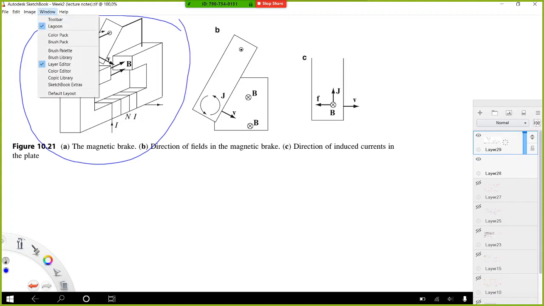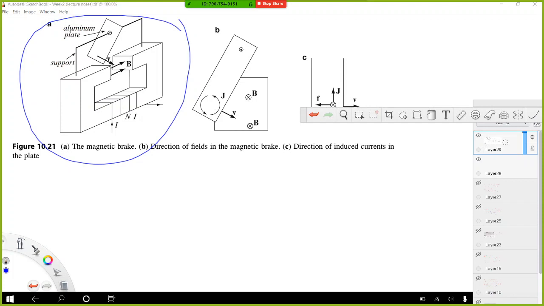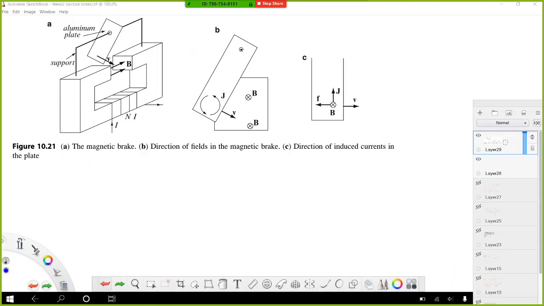It consists of the core, and around the core there is a wound coil, and this electromagnet generates the magnetic flux density B in the gap.